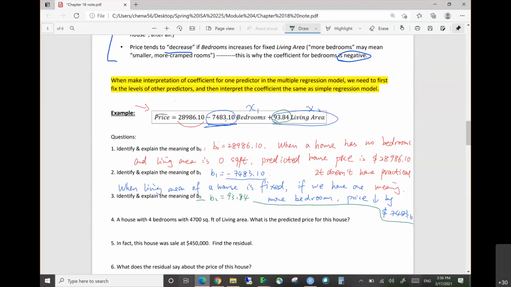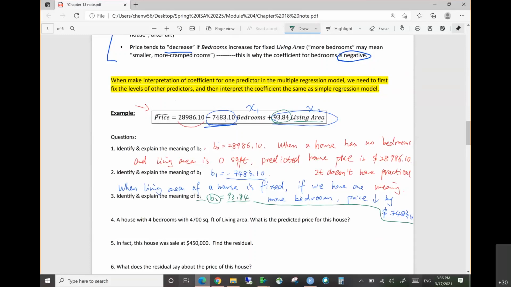Anyone? Grant, what do you think? Grant? Hi, could you repeat the question? My Wi-Fi is really bad. Sure. The B2, we say the coefficient for the living area is 93.84. Then how can you interpret this B2?